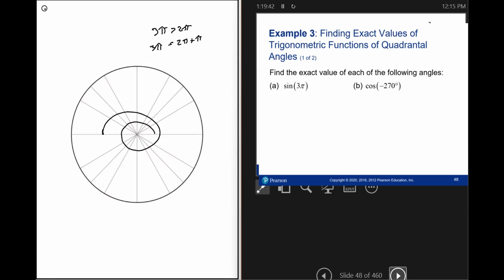So that means I come over here to 180. And I know this point here is -1, 0. So now the sine of 3 pi is going to be 0 because it's the y value.